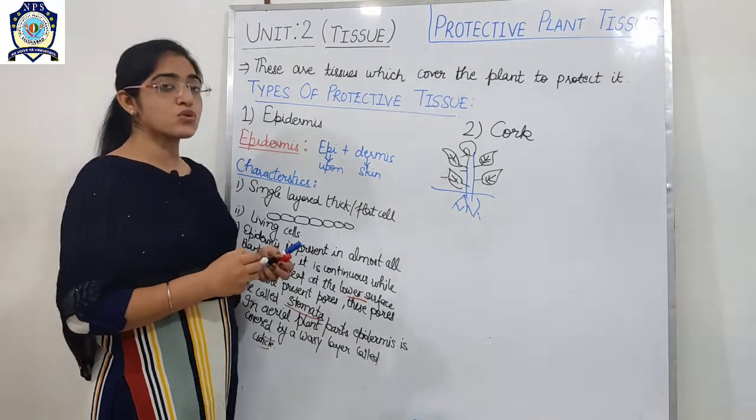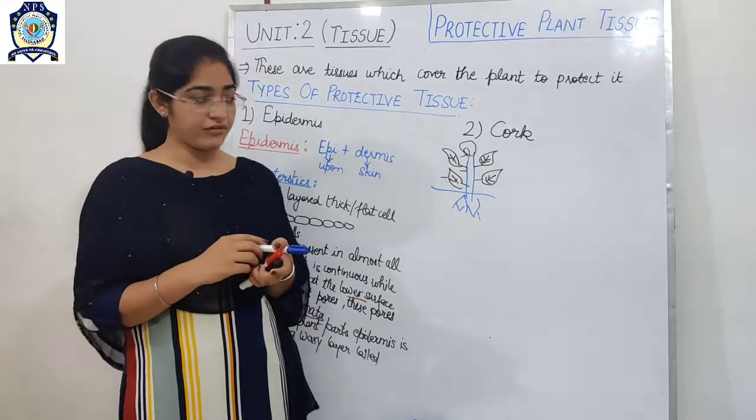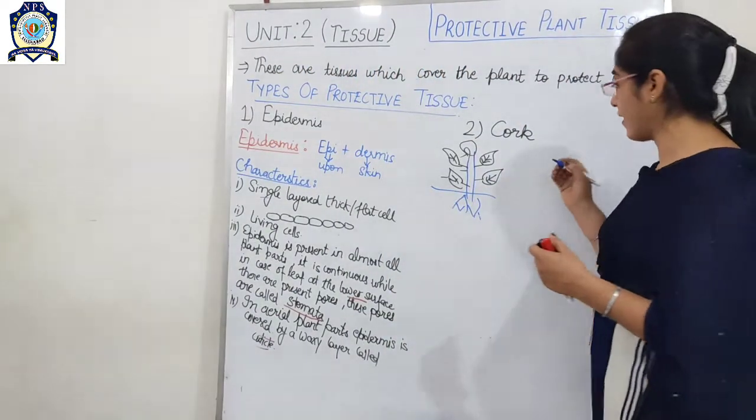Here I am using the word stomata. So what are the stomata? Whenever you see the cross section of the leaf, I just want to show you a simple diagram.